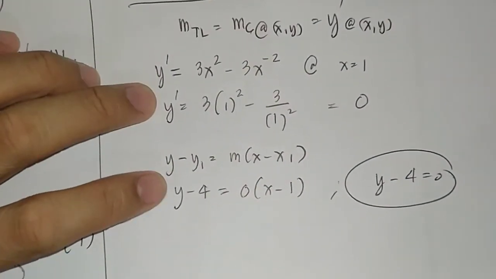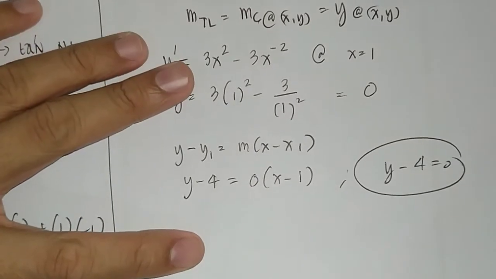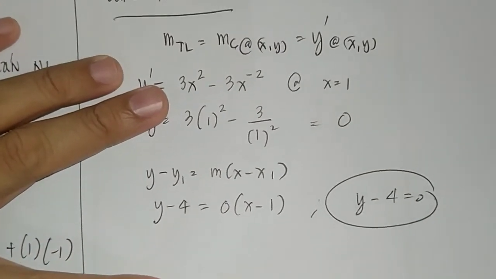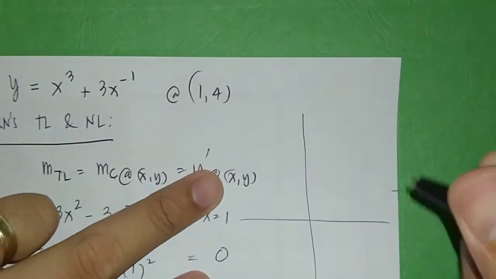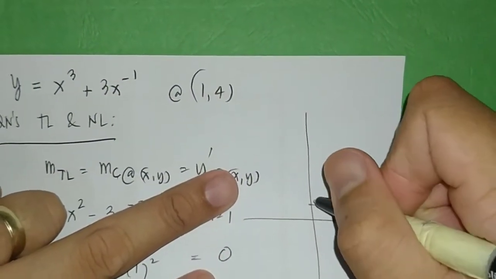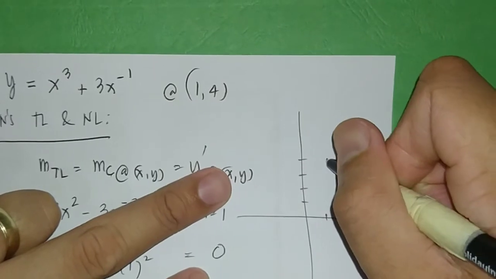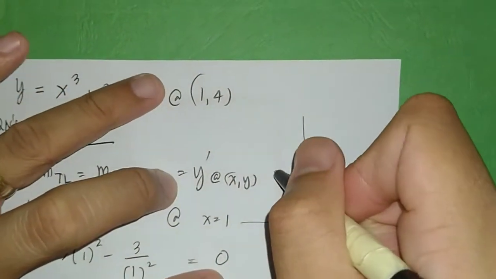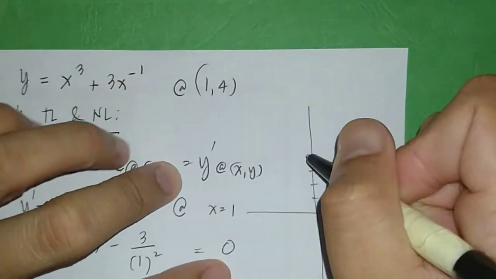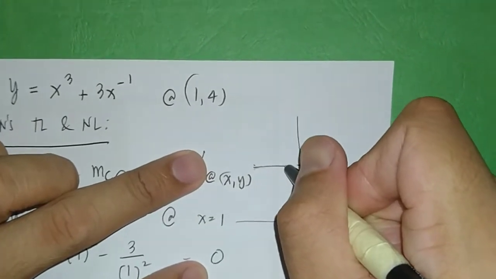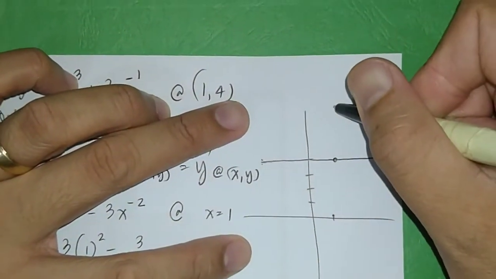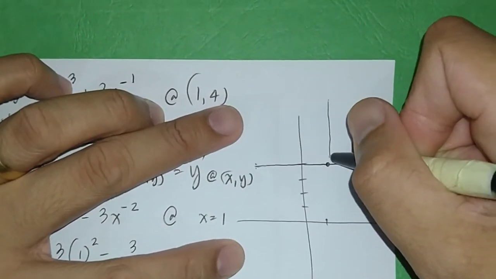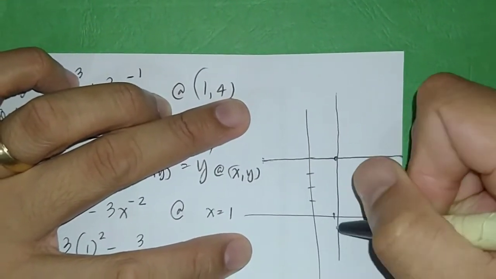So if that's the equation of the tangent line, and if I am going to draw 1 comma 4, 1, 1, 2, 3, 4, that's y equals 4. So therefore, a line tangent to it, the normal to it is this.